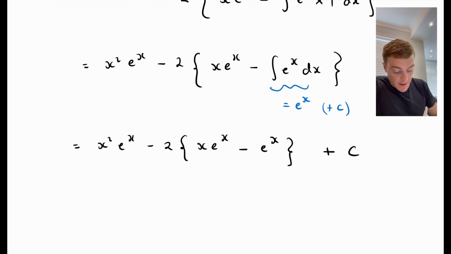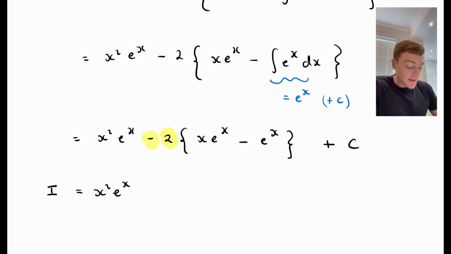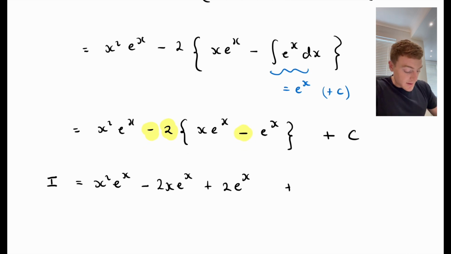Now again, tidying this up, we're left with my integral is equal to x squared e to the x. Now we have a minus 2 on the outside, so it's really common again to forget to multiply this out properly, but that leaves us with minus 2x e to the x plus 2 e to the x, because this time we've got a double negative, and plus c.